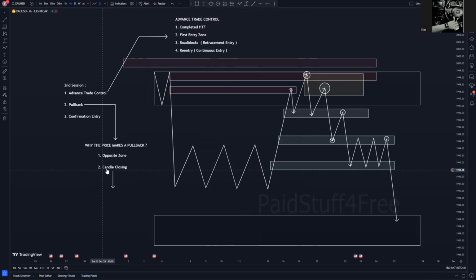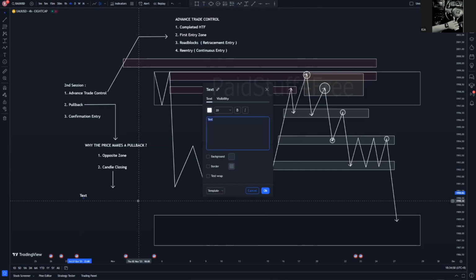So, candle closing. Talking about candle closing, we actually have two rules. The first rule: every new EG or EF.